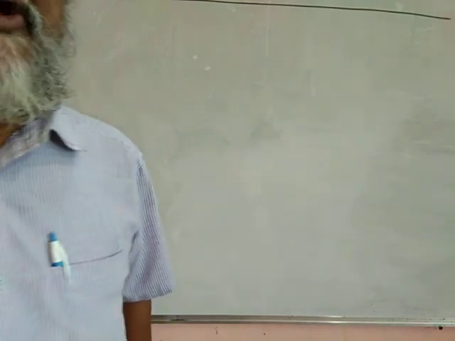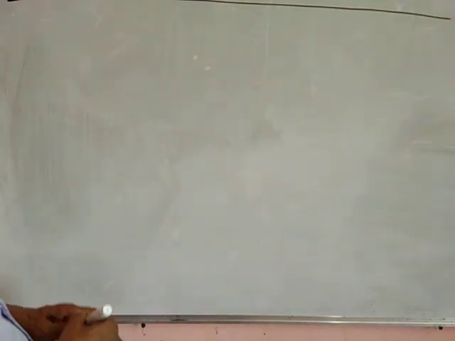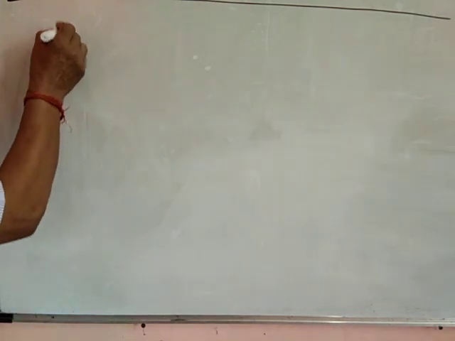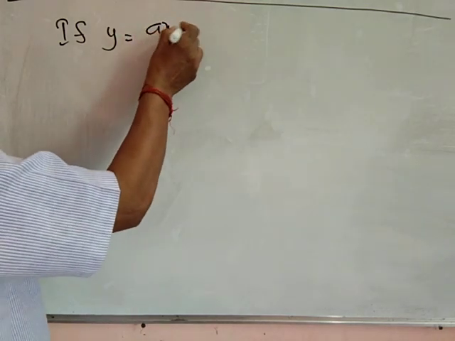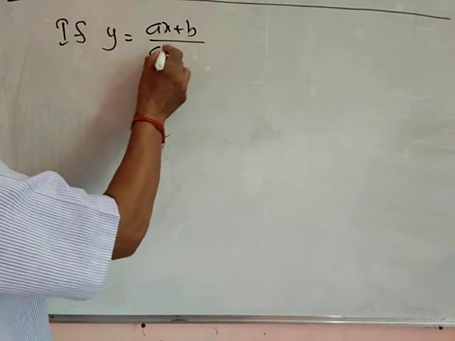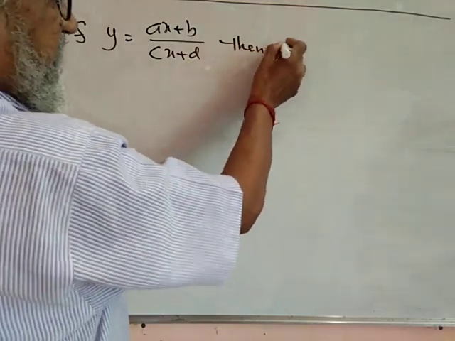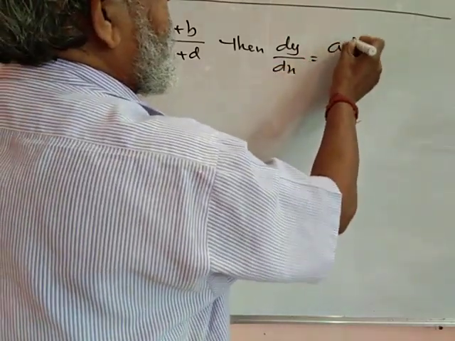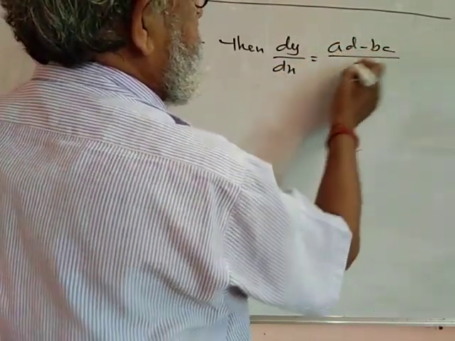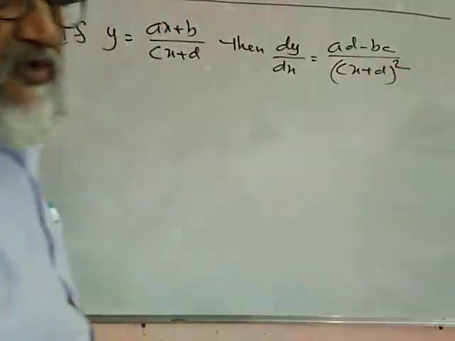Dear students, that day we have seen some important formulas or some basic formulas of derivative. Now let's see, if y is equal to (ax plus b) upon (cx plus d), then dy by dx is equal to (ad minus bc) upon (cx plus d) the whole square.